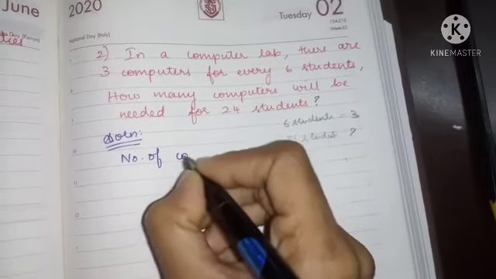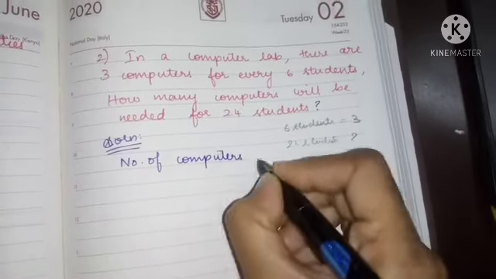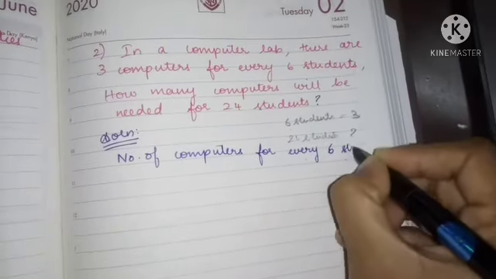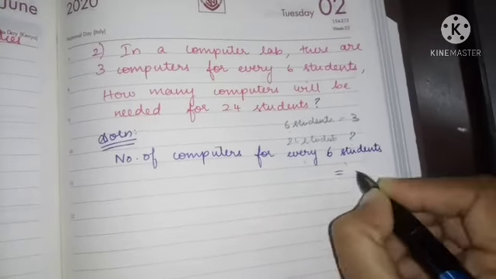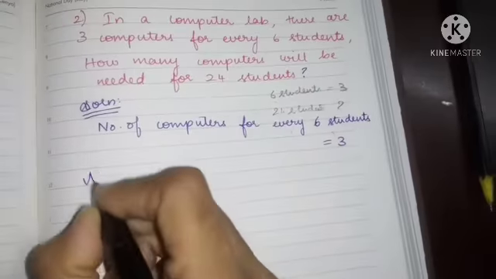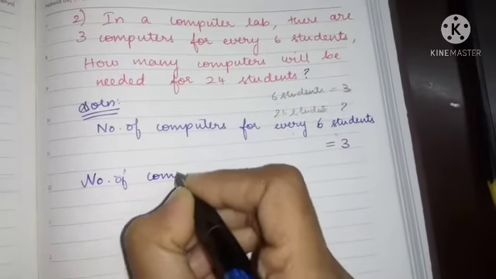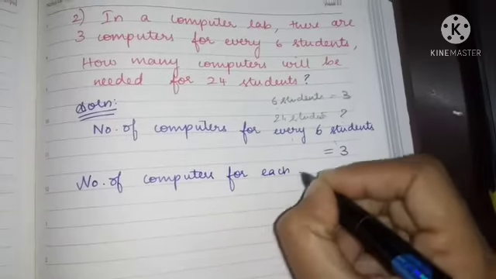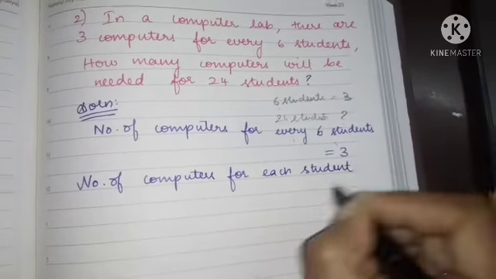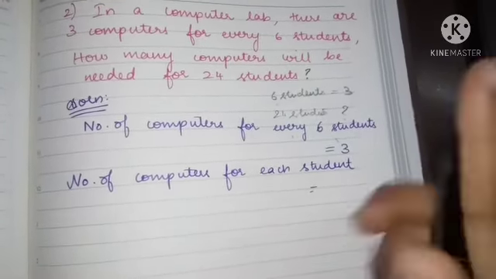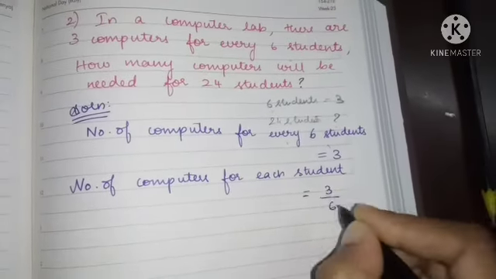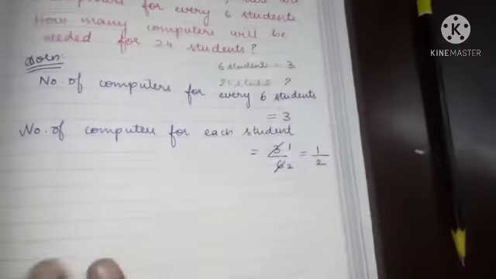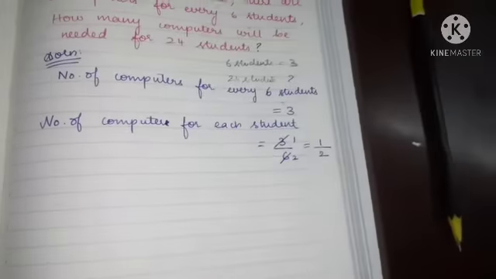Number of computers for every 6 students is equal to 3. So the number of computers for each student: for 6 students, 3 means for 1 student, 3 by 6. 3 ones are 3, 3 twos are 6. So the number of computers for each student is 1 by 2.